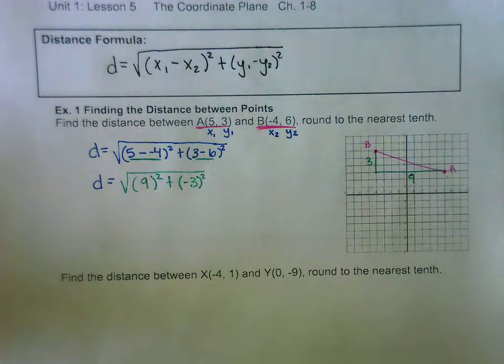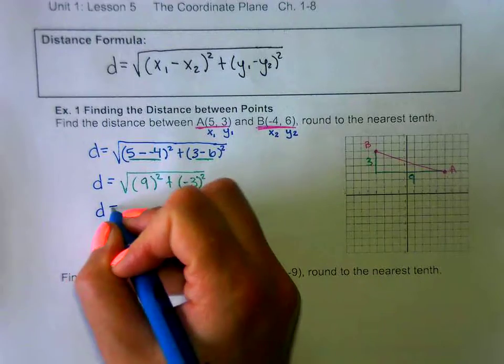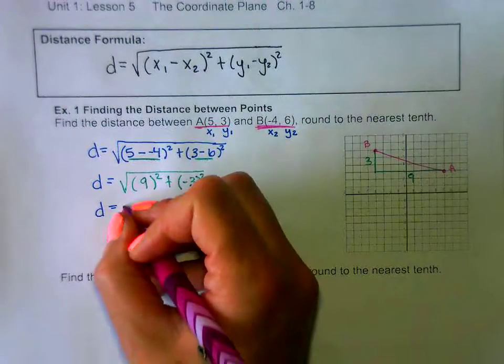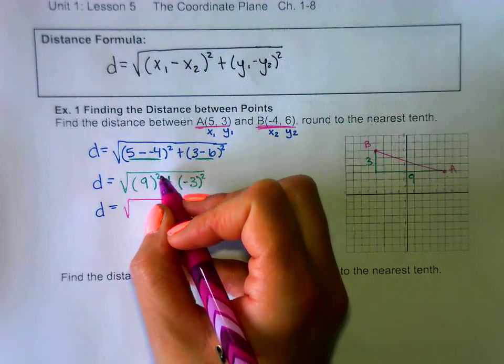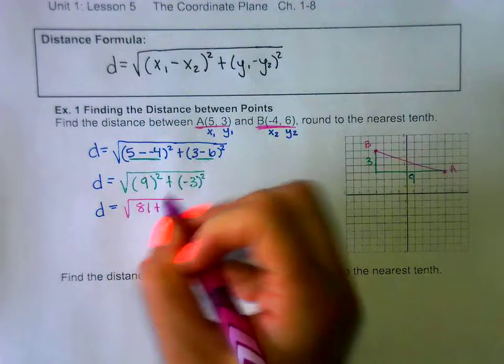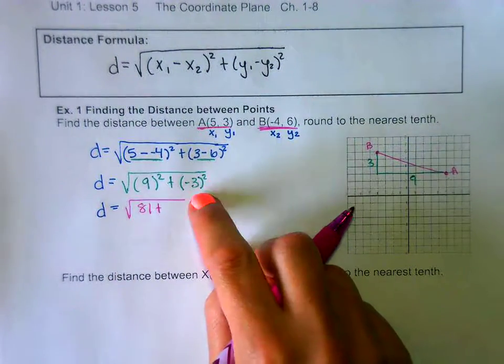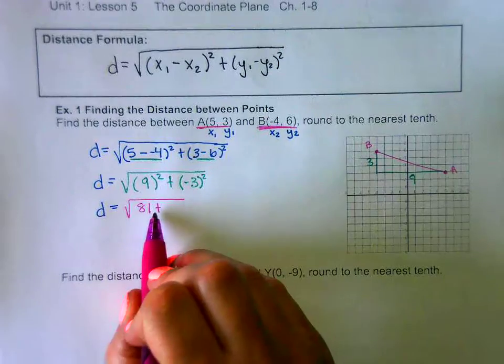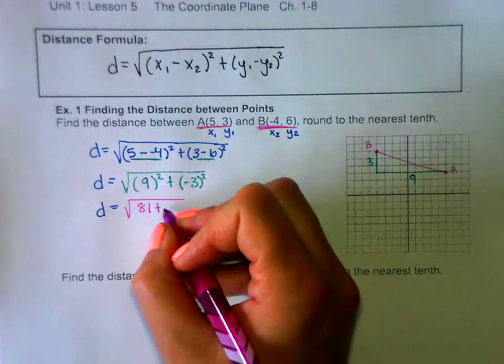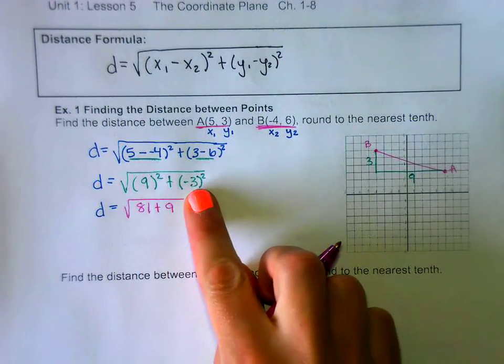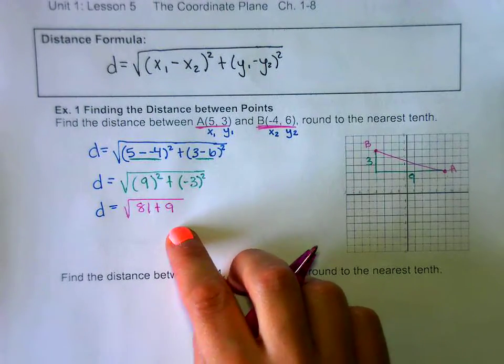So the next step, the distance is going to equal the square root. Well, I know 9 squared is 81. Negative 3 squared, so negative 3 times negative 3, means it's a positive 9. A negative times a negative makes it a positive 9.